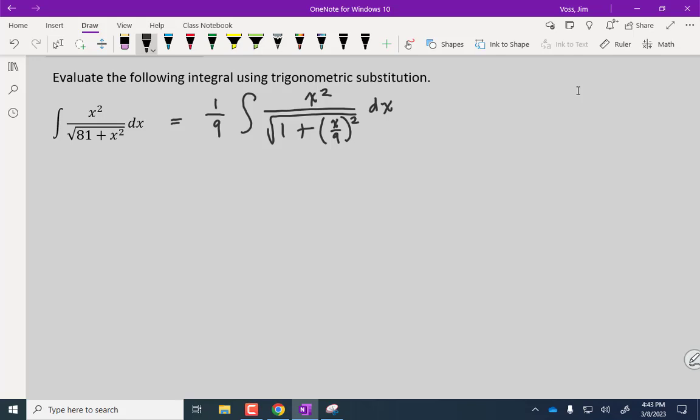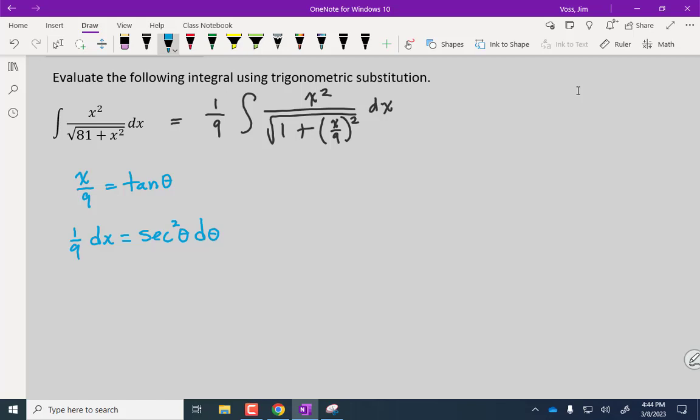And because it's a plus, we use tangent. So we're going to say x over 9 is equal to tangent of theta. Take the derivative of both sides, and we get that.